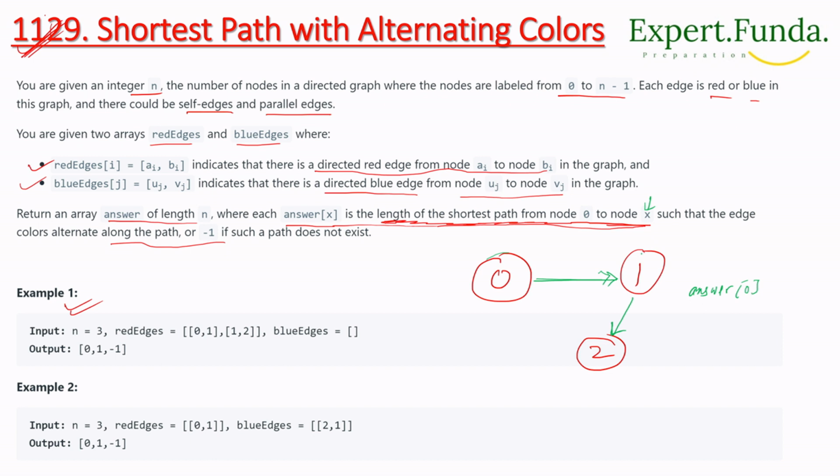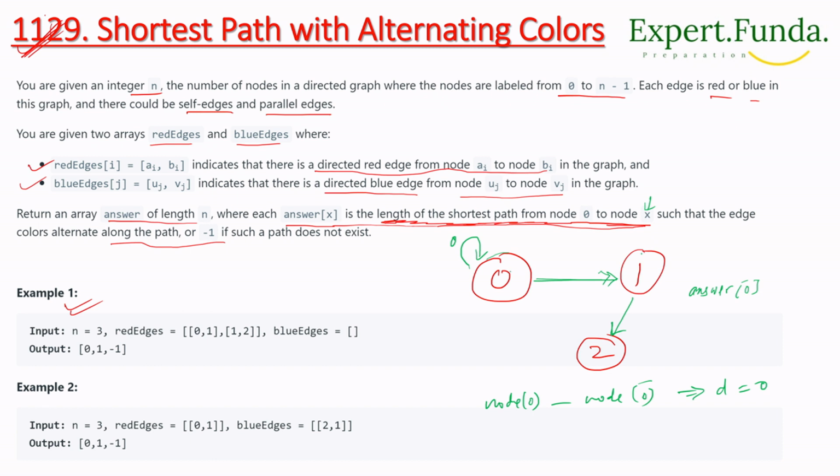From node 0 to node 0, its own distance, the length is 0, correct? That we have seen here.